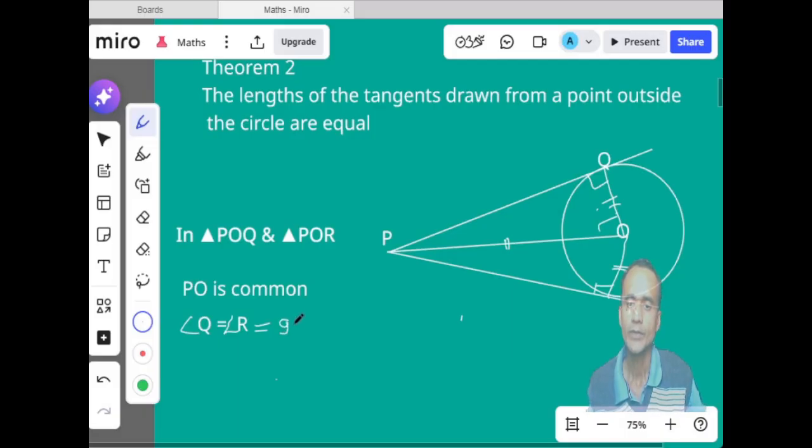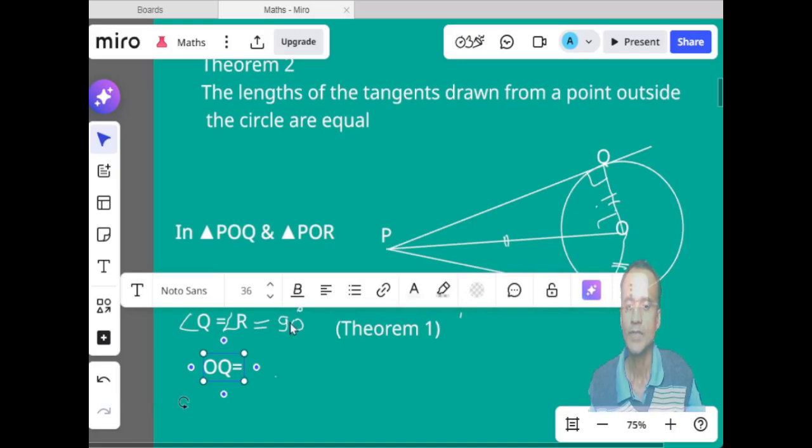Why? From theorem 1. And OQ is equal to OR. Why? Because both are radii.